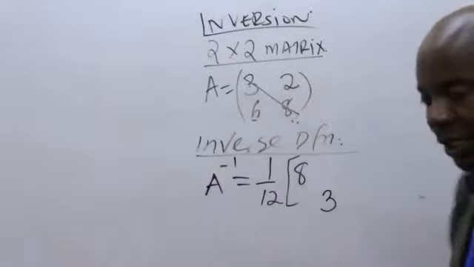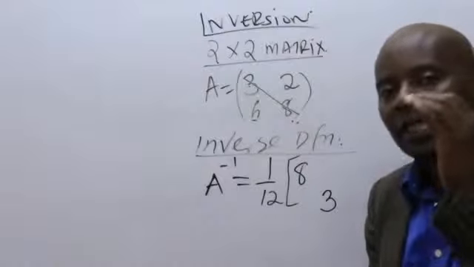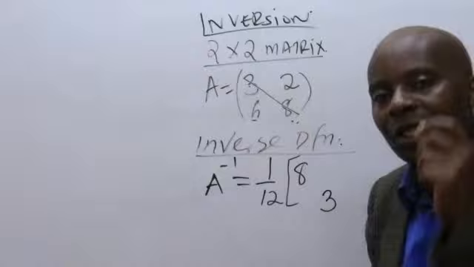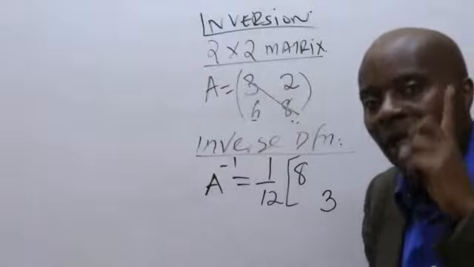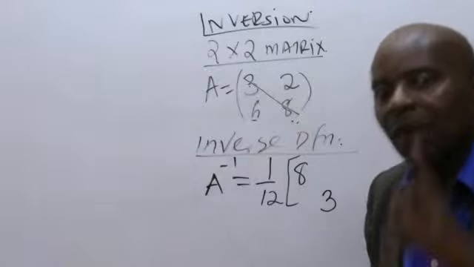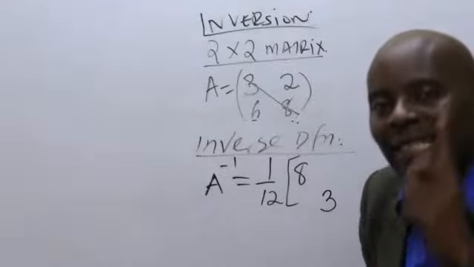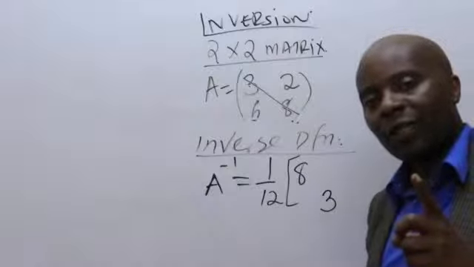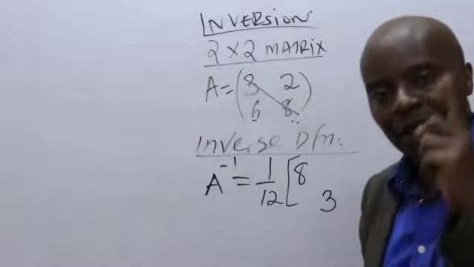Now listen to me very well. For the secondary elements, we shall leave them in their respective positions, but we have to change their signs. What have I said for the secondary elements?